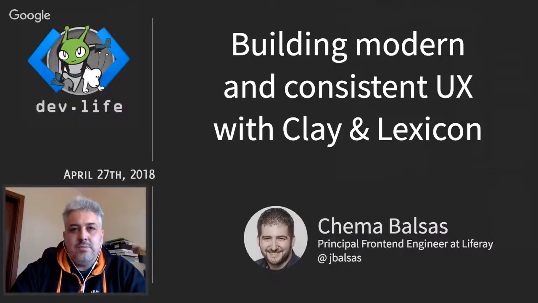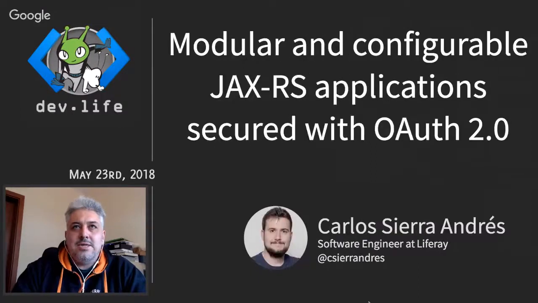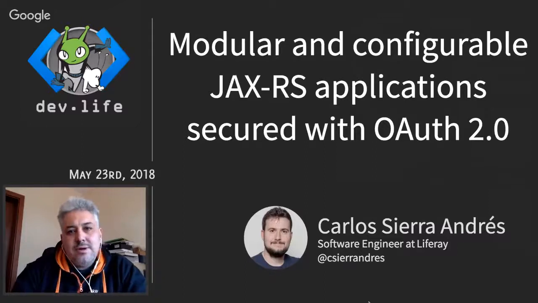And I have an announcement to make, which is about the next session. For this, I need to switch back to my screen. Okay, here we go. The next session is modular and configurable JAX-RS applications secured with OAuth 2.